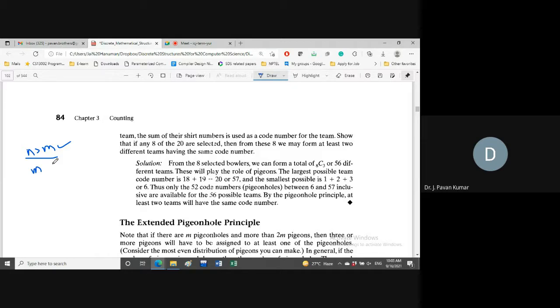We will use the same pigeonhole principle, but that observation is not very useful when we say at least one will have more than one pigeon. What can be useful is to say at least how many pigeons some pigeonholes will have, according to the number of pigeons we have.